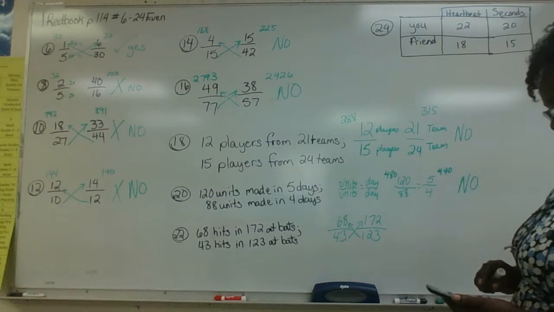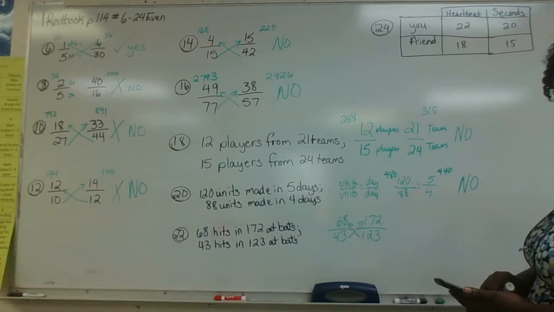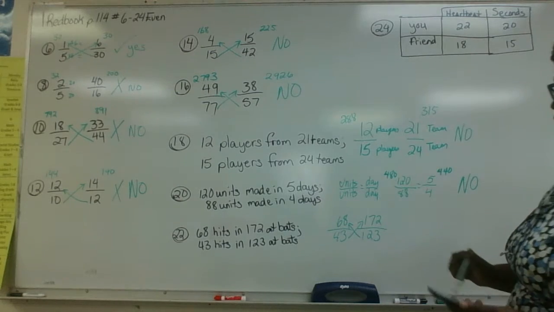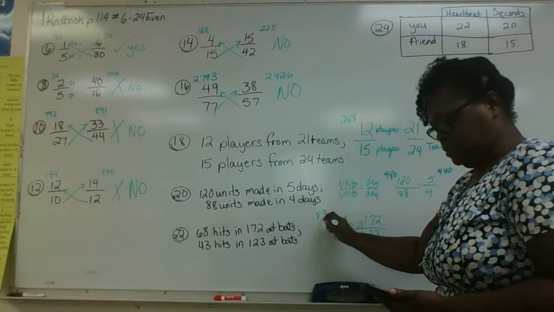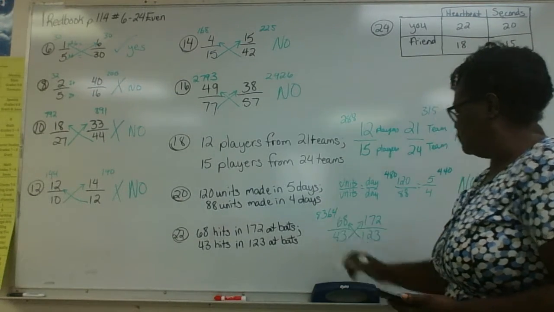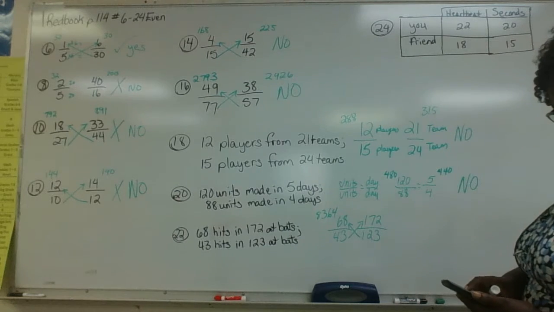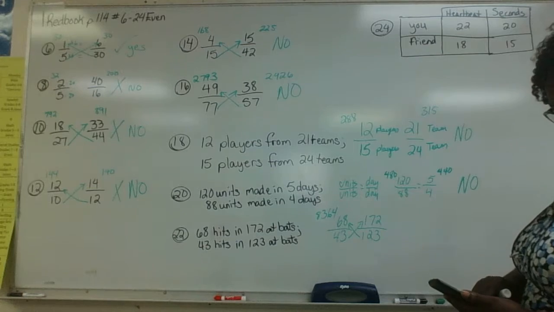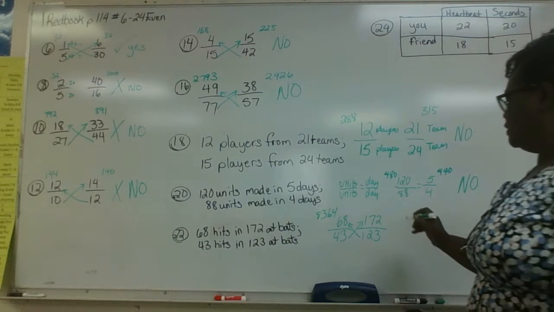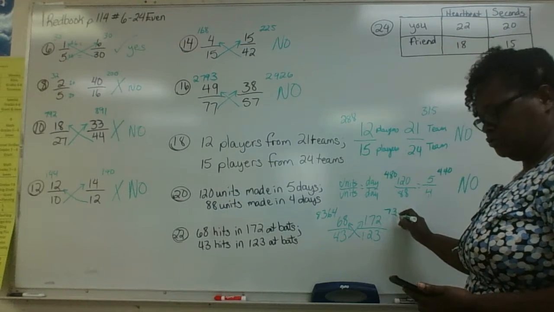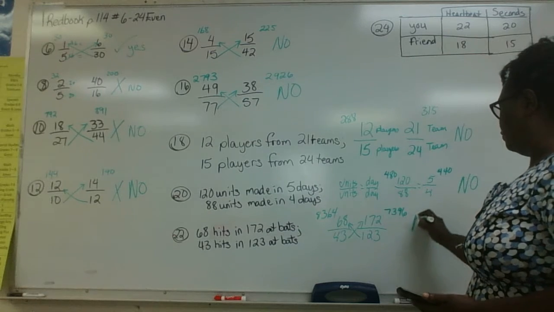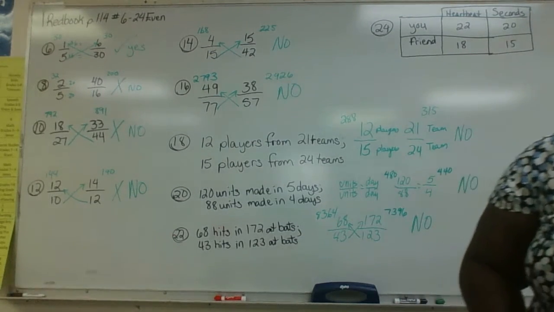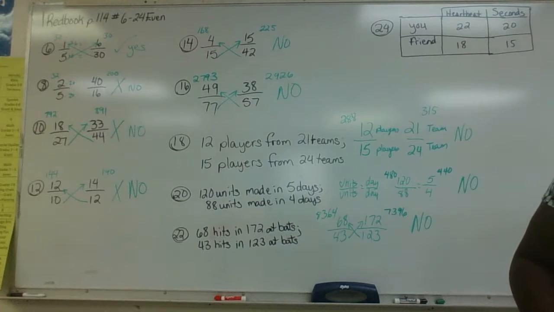Okay, therefore we have 68 times 123, we get 8,064. Then we have 43 times 172, and we get 7,396. That will be a no. Okay, now we have number 24.